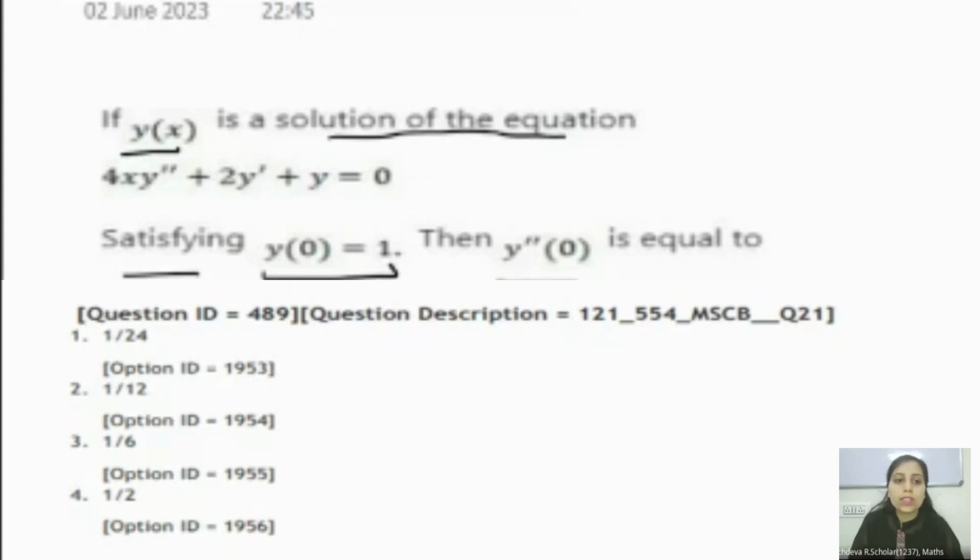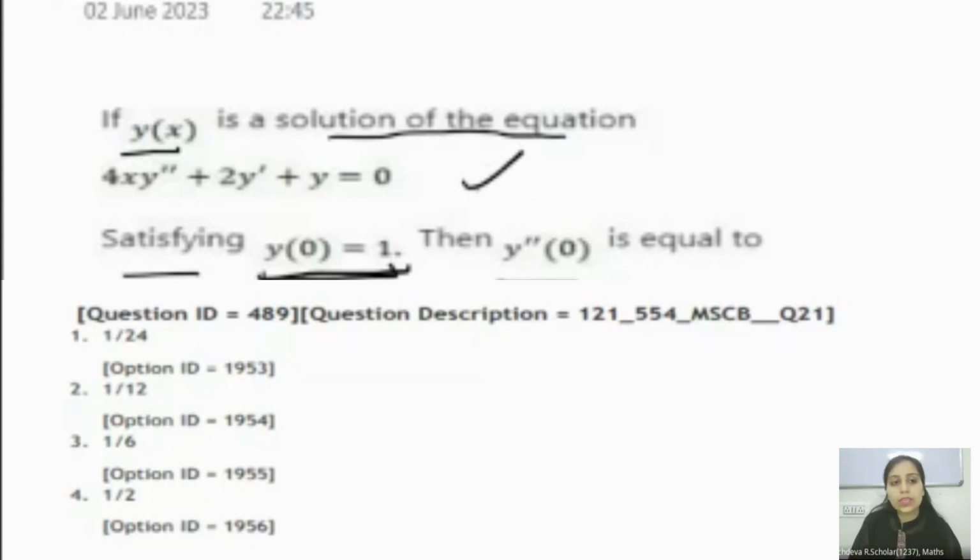So here in this question, we have been given an equation with a condition also, and we are to find y''(0). Here we can see this equation is not a constant coefficient equation, as we have already done 3 lectures on this platform related to ordinary differential equations.